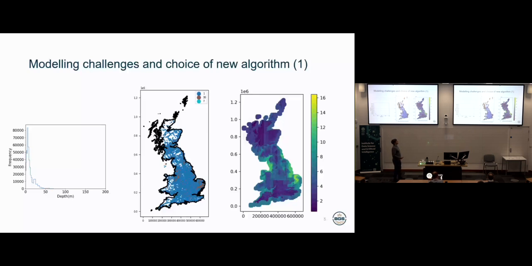Furthermore, the data is really heavily right skewed. The majority of the depths are between 0 to 10 metres, but then it extends all the way out to about 187 metres in depth. And trying to find a likelihood function or a model which can fit that data set is quite challenging, as we'll see later.